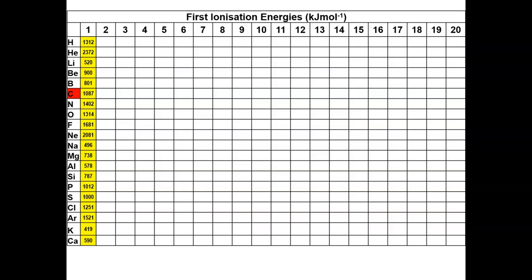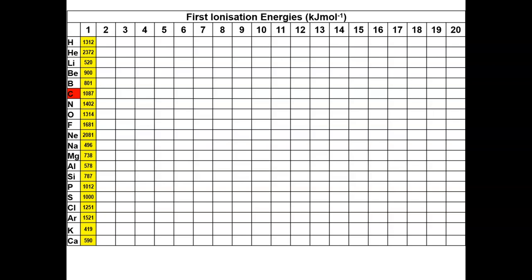The lower the value reflects the instability of the electron arrangement. The second highest value, if you look carefully, is neon, which unsurprisingly is also a noble gas arrangement of electrons after helium.